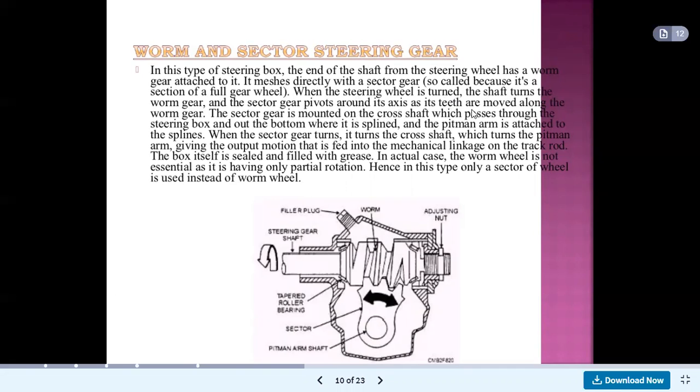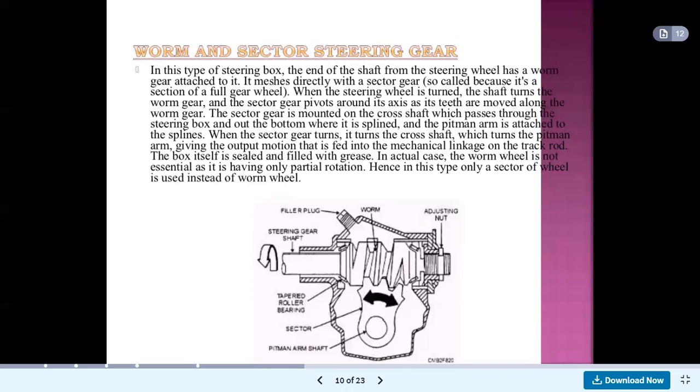As its teeth are moved along the worm gear, the sector gear is mounted on the cross shaft, which passes through the steering box and out of the bottom where it is splined, and the pitman arm is attached to the splines.